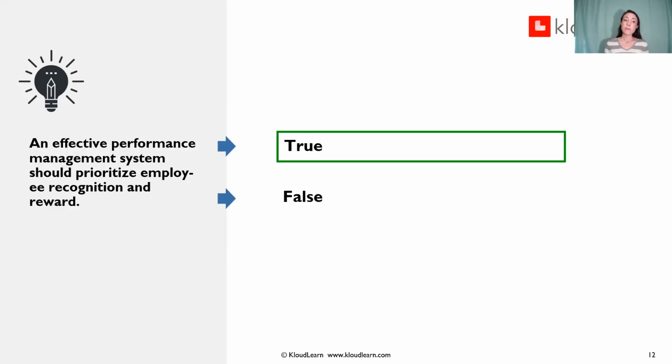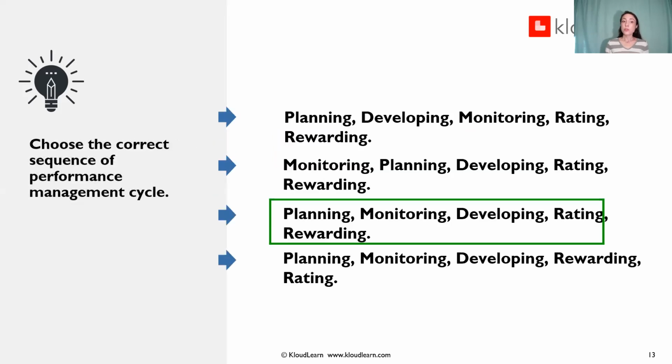An effective performance management system should prioritize employee recognition and reward. This is true. Choose the correct sequence of performance management cycle. Which is the correct order? The answer is C, planning, monitoring, developing, rating, and finally, rewarding.